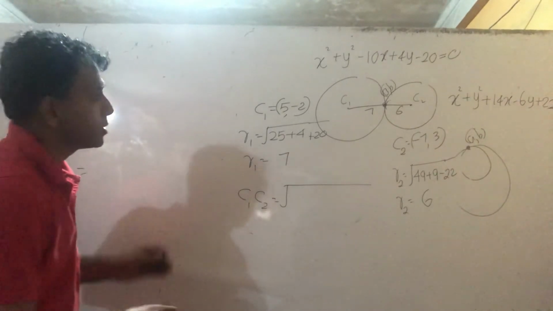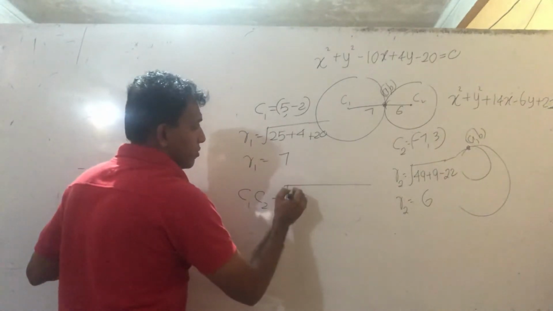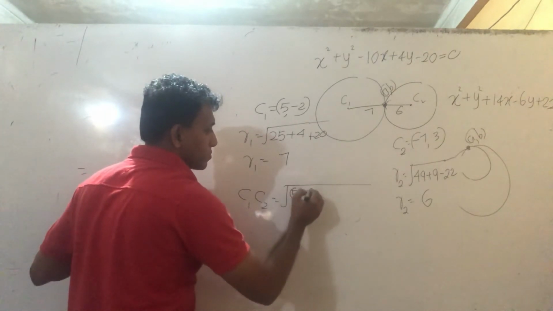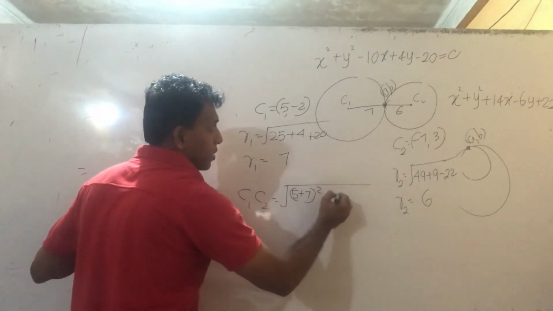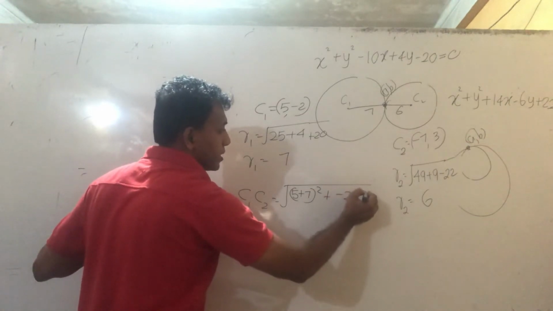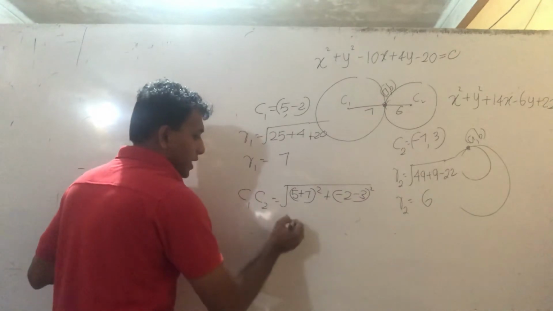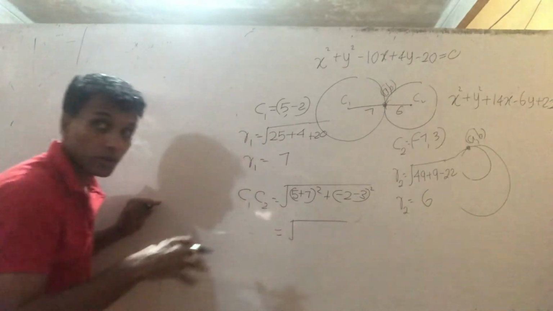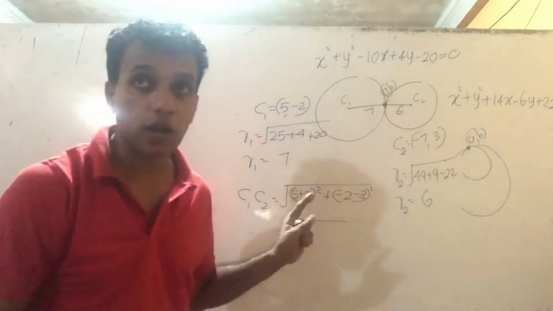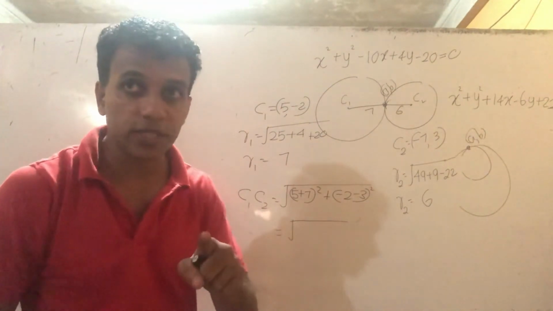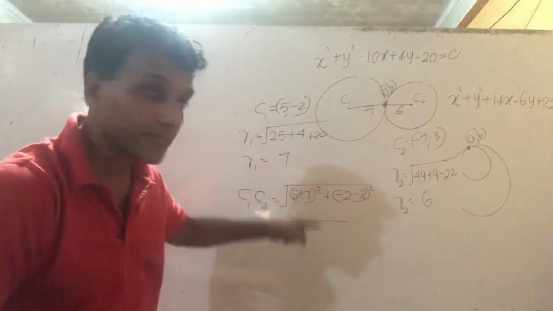So here, 5 plus 7 squared plus minus 2 minus 3 squared. This is an additional part; you can't get to the answer without it. Without this your answer is wrong. Every student, every subscriber, you must work this.